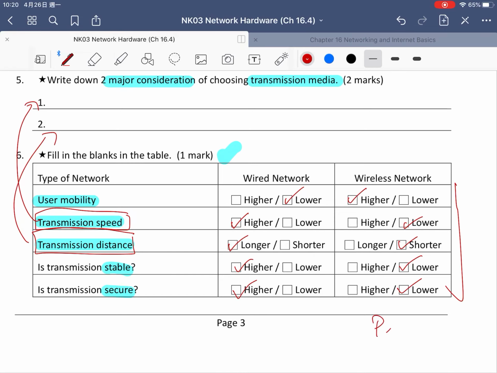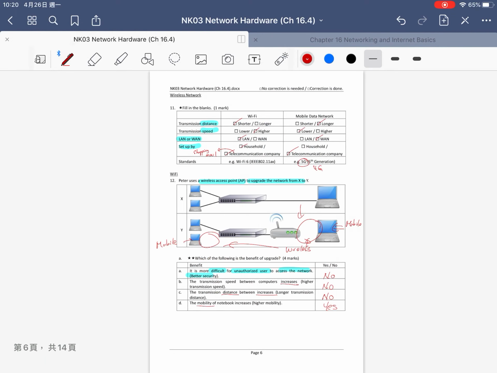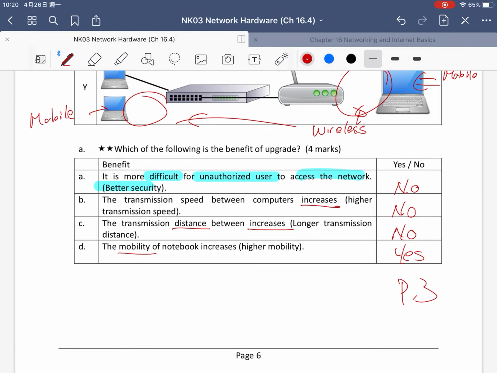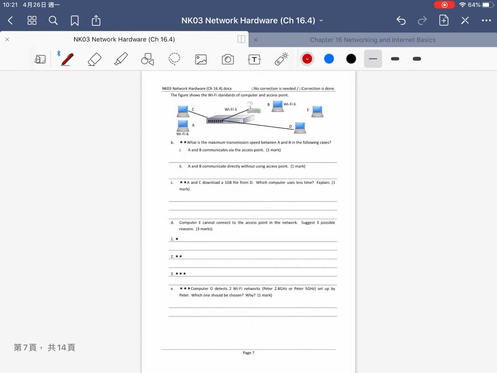So we use the table on page 3 to answer the question. Only mobility is the advantage. For security, no. For speed, no. For distance, no. Also, remember, we have to understand the differences between the wired and the wireless signal network.